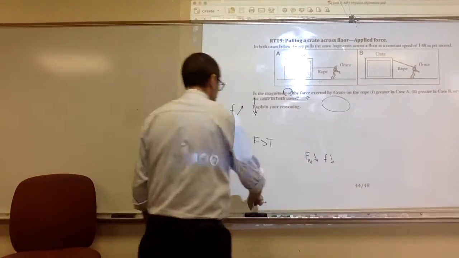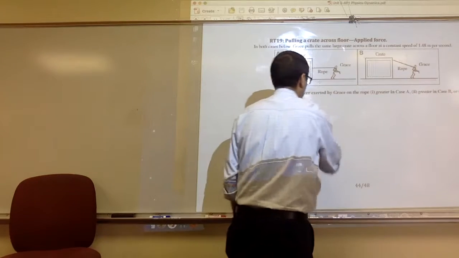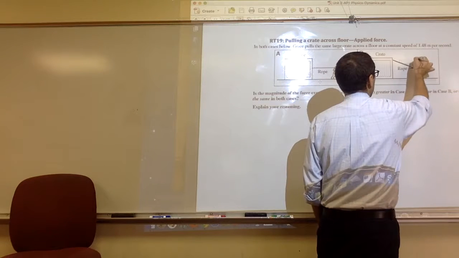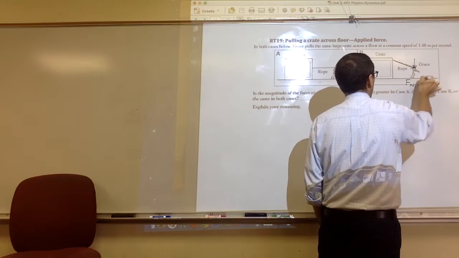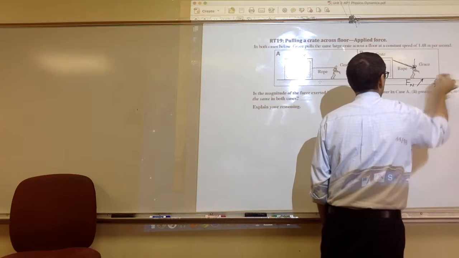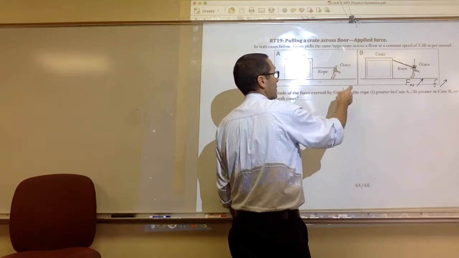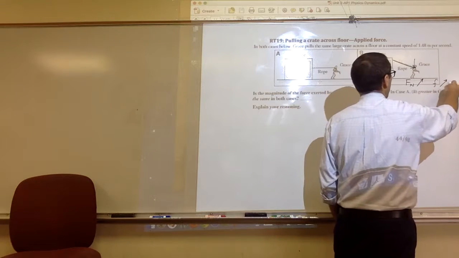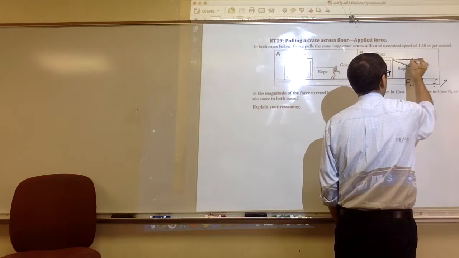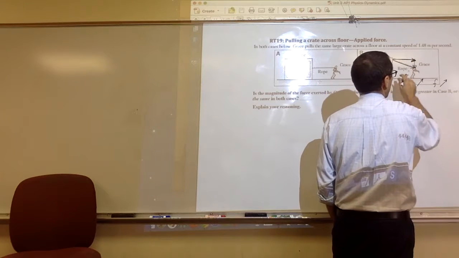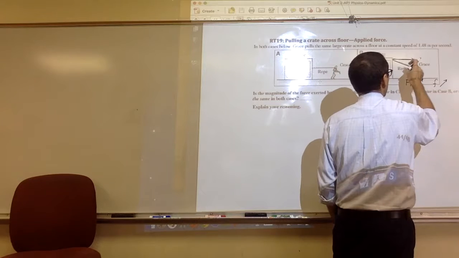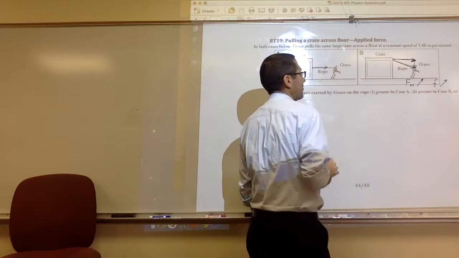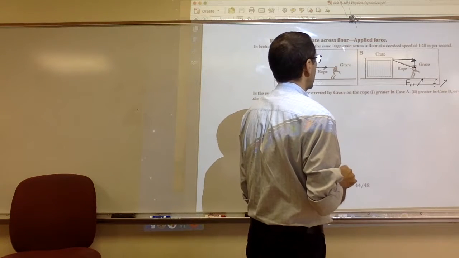Number 19 is kind of like the same thing, except now one is at an angle and one is not. So when you pull down at an angle like this, you're making the normal force go up, which means the force of friction also goes up compared to case A. So if the force of friction goes up, this x component of the tension in the rope has to be greater than the tension in here, because you want to maintain a constant speed.